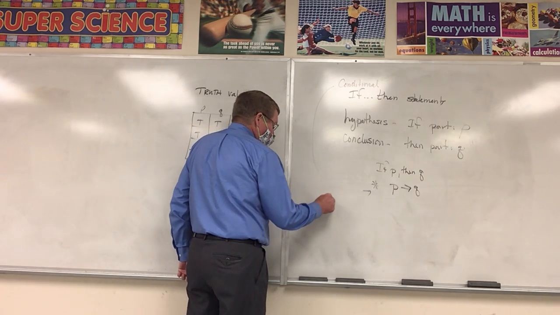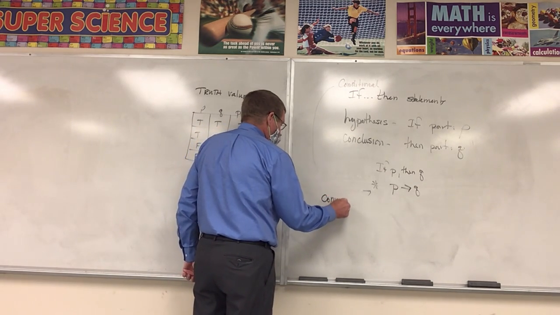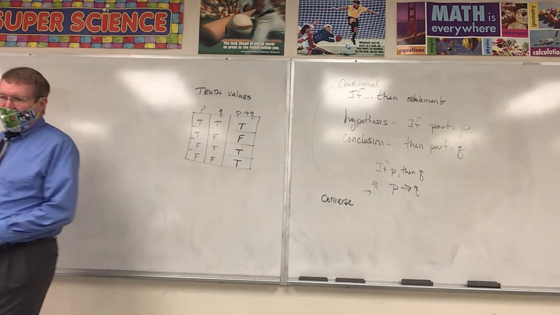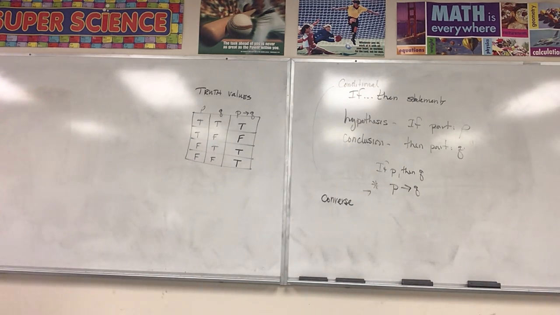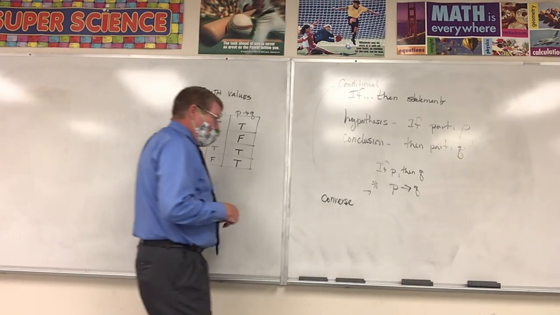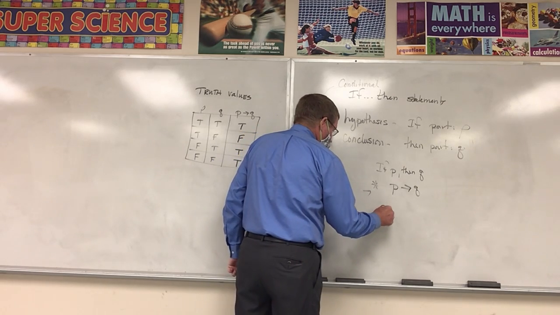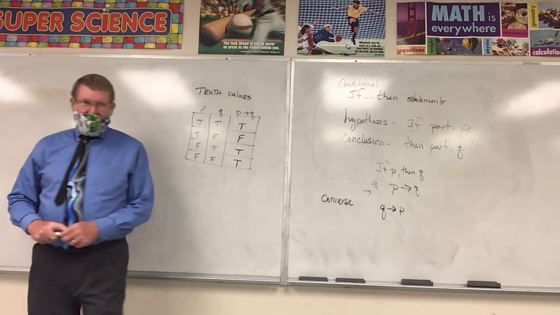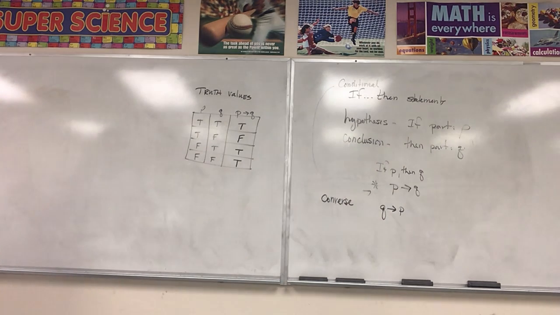We have the converse. The converse, we switch the hypothesis and the conclusion. The converse would be Q, then P. So my conditional was, if it's raining outside, then the game will be canceled.